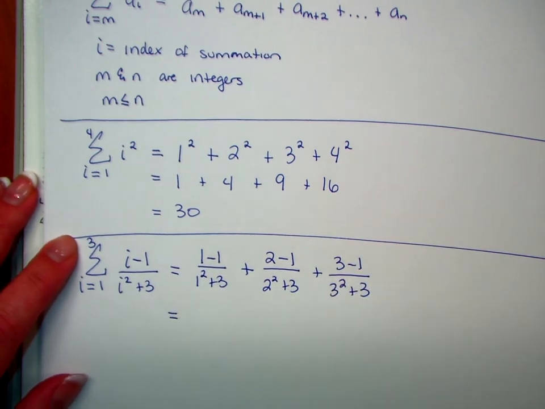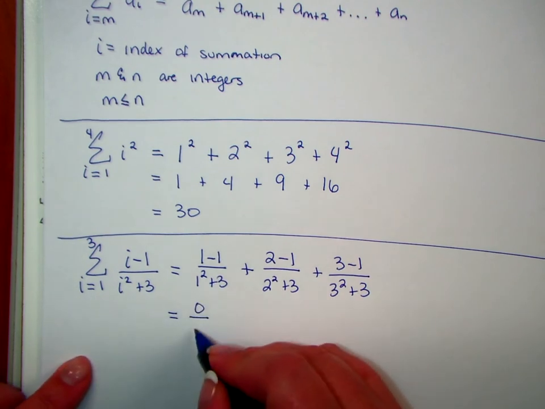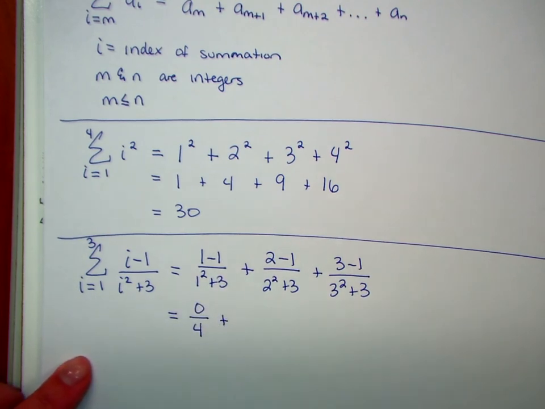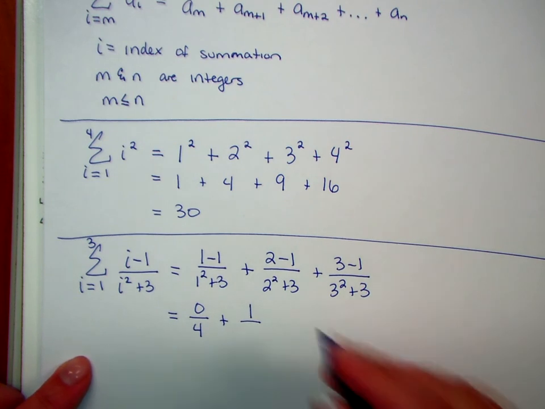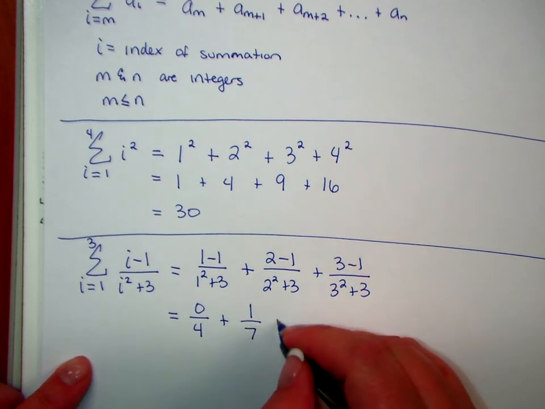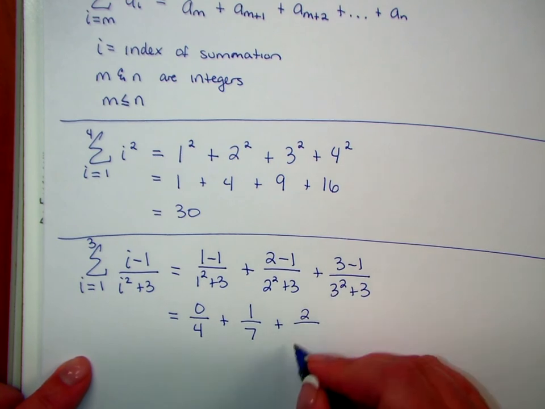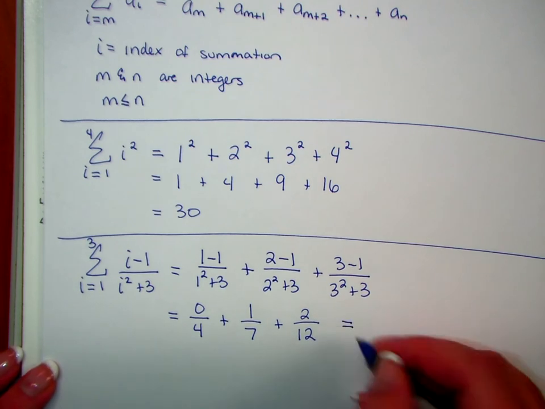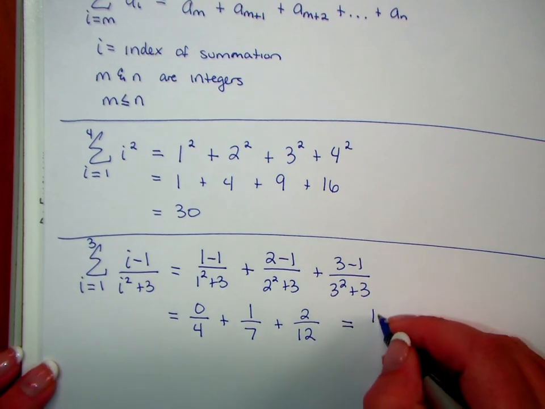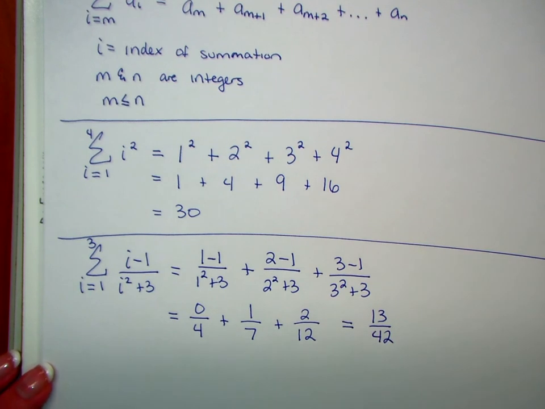So the first fraction, 1 minus 1 is 0, 1 squared plus 3 is 4. The second fraction, 1 on top, 4 plus 3 is 7. And the third fraction, a 2 up top, 9 plus 3 is 12. So if you add all those up, I'm cheating here, I'm just copying my answer. You should get 13 over 42.